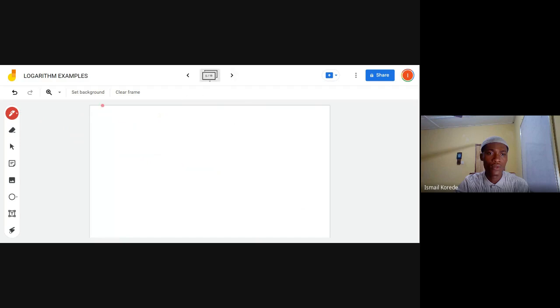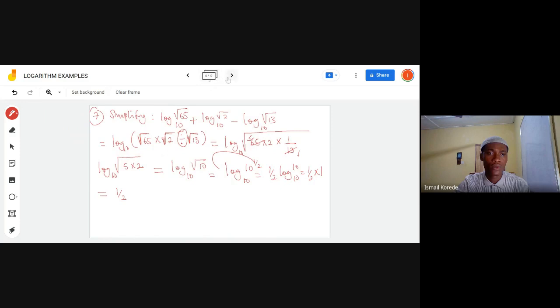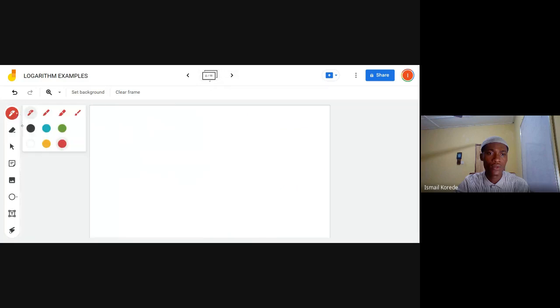Okay, let's check question number 8. I have 2 plus log 20 base 10 minus log 2 base 10. To solve questions like this, it's quite simple. What we need to do is take the assumption that 2 is multiplied by 1.